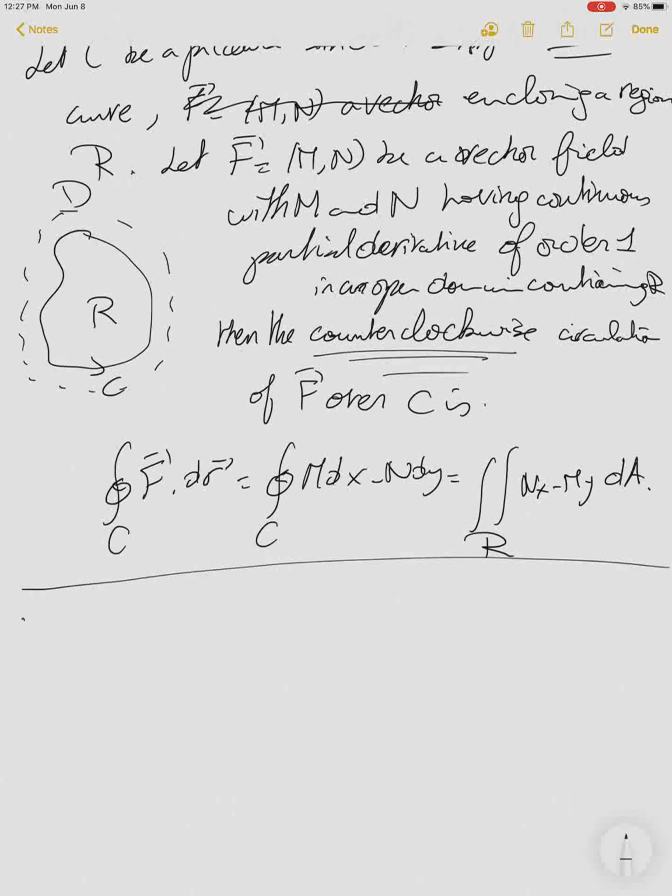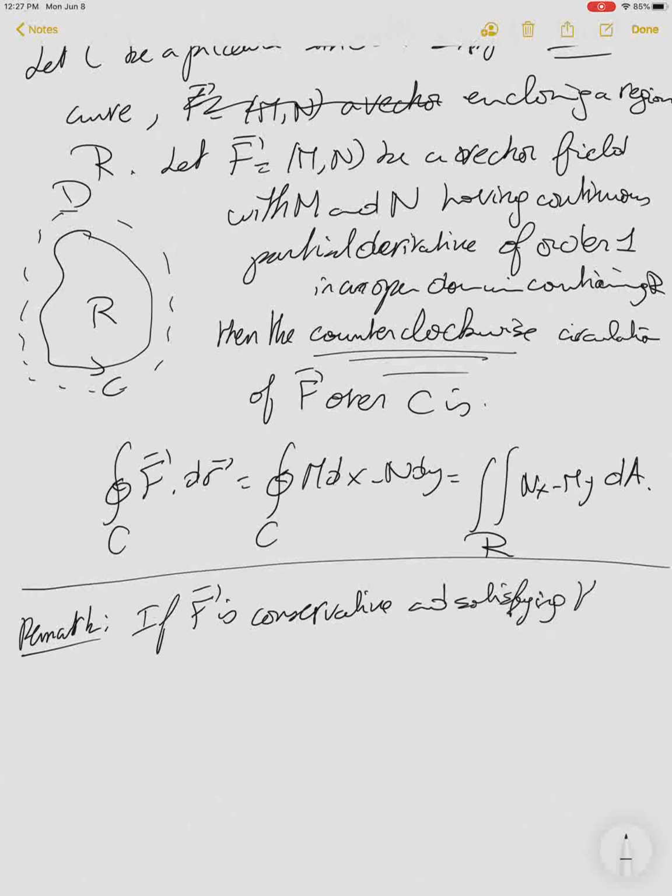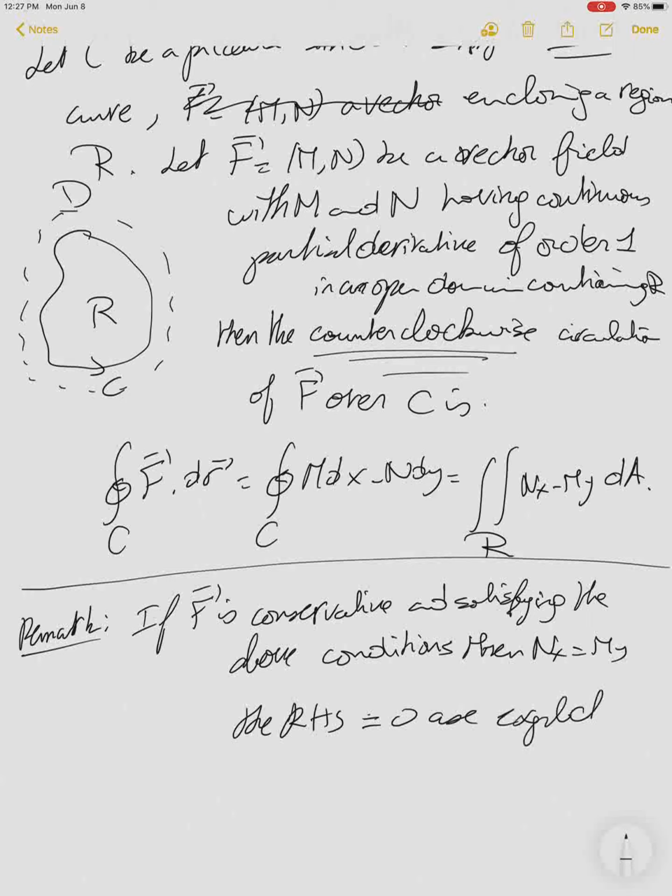Now remark, if F is conservative and satisfying the condition above, then Nx will be equal to My, and the right hand side will be 0 as expected, because we know that if a field is conservative, then the integral over any loop is 0.